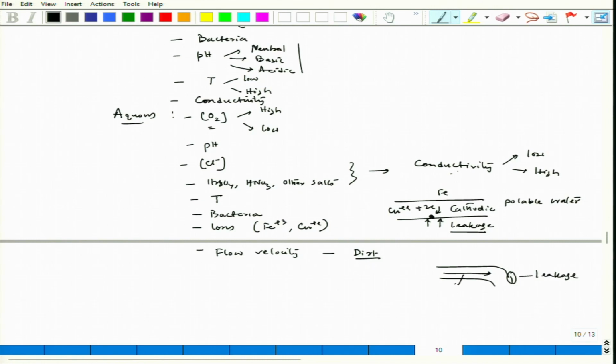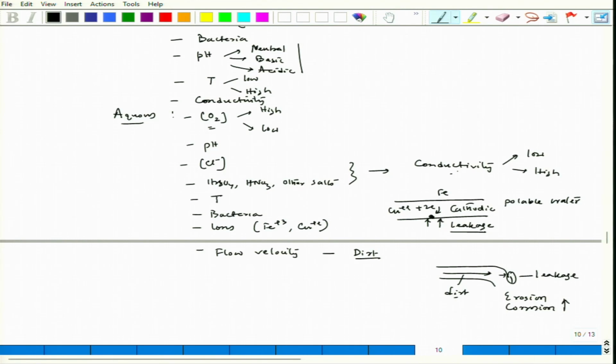But once we have a lot of dirt, that dirt will hit that particular part, and there could be dent formation or scratch formation. So, erosion corrosion tendency will go up. So, now dirt acts in this way.